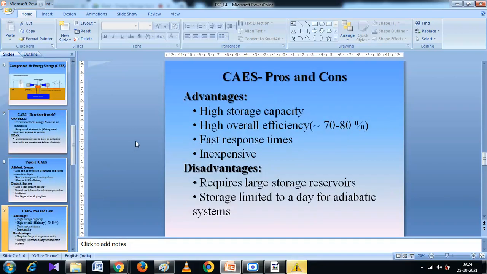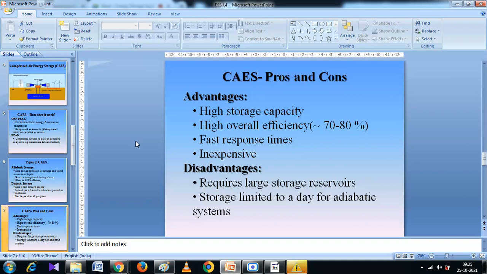And we now go to the pros and cons of compressed air energy storage. The efficiency of the compressed air energy storage is about 70 to 80%.